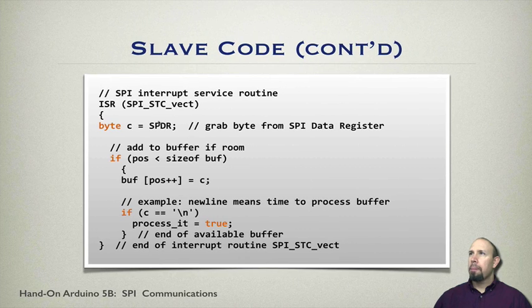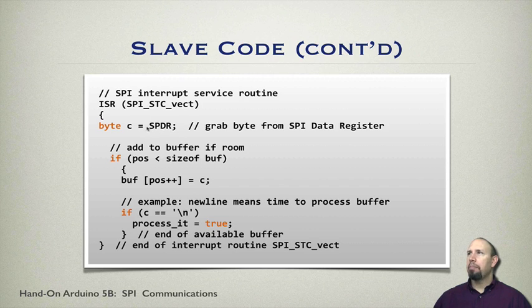So here is that interrupt service routine: ISR SPI STC vect. This is the transfer complete. This is what happens when the transfer is complete. So I'm going to set into C the byte that's obtained in SPDR, the SPI data register.